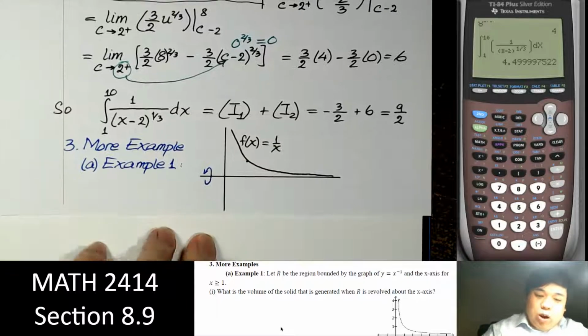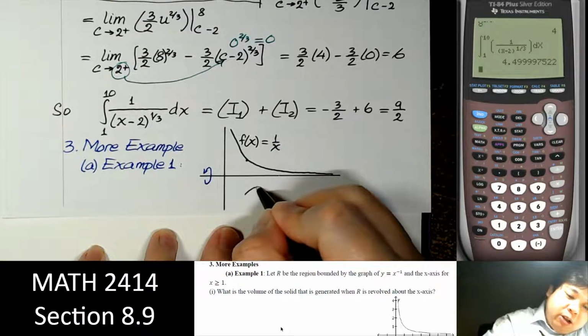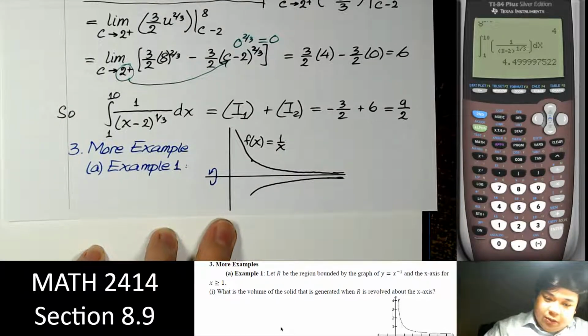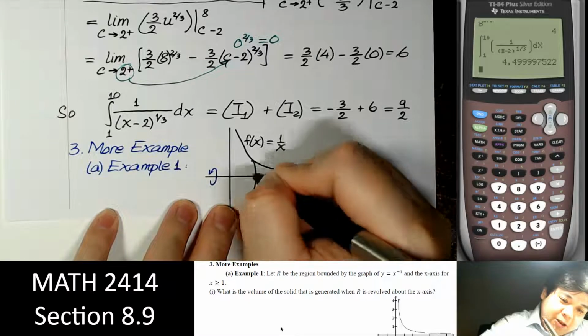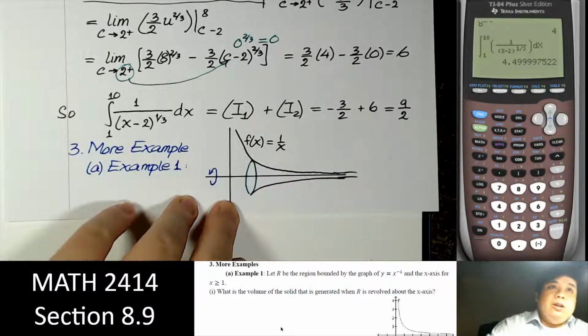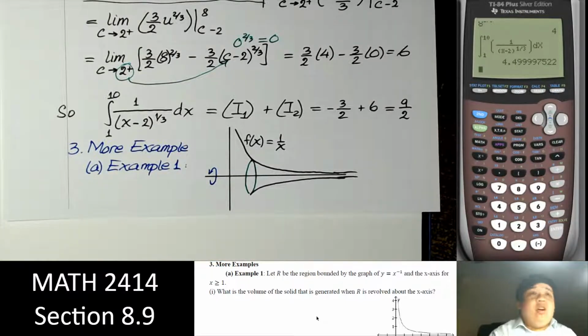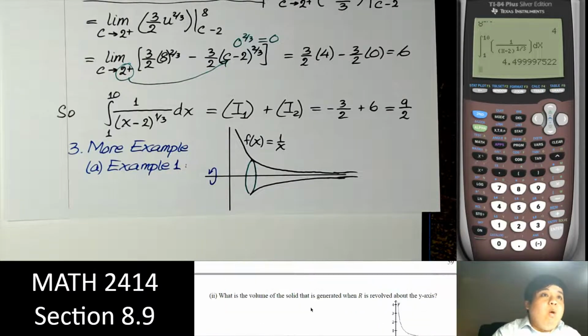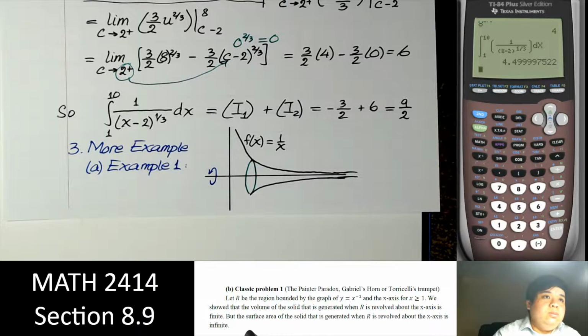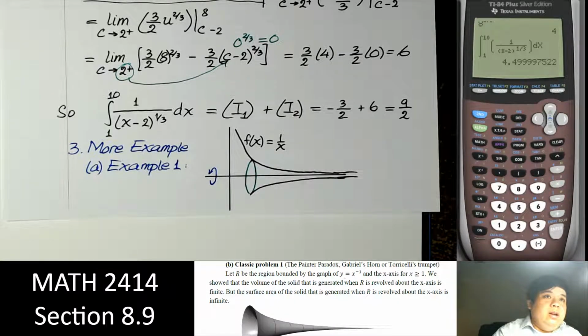So when we rotate, we end up with a shape, and there are a lot of names for it. We won't be able to do this. But the names for it are the Painter's paradox, or Gabriel's horn, or Torricelli's trumpet.